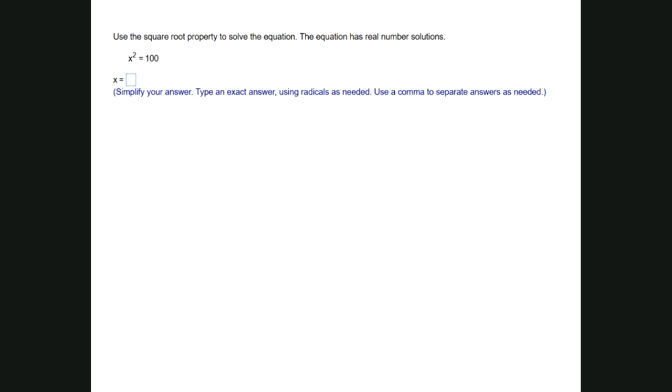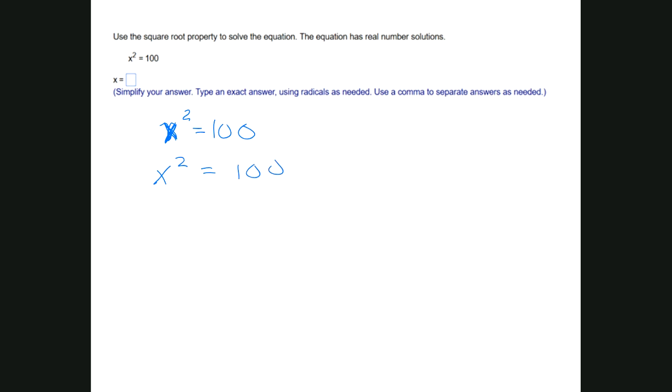Oh, another nice problem. You already have the answer. So this is x squared. My x's are not going very well just now. X squared is equal to 100. All right, what number squared will give us 100?